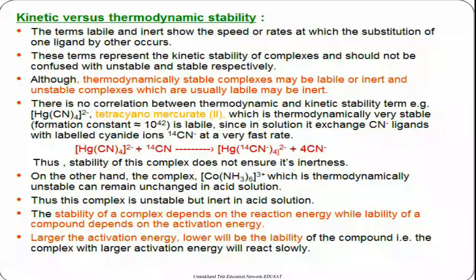The formation constant is up to 10 to the power 42, but in fact it is labile, since in solution it exchanges cyanide ligands with labeled cyanide ions, carbon-14 isotope, at a very fast rate, like this reaction representing this. Thus, stability of a complex does not ensure its inertness.